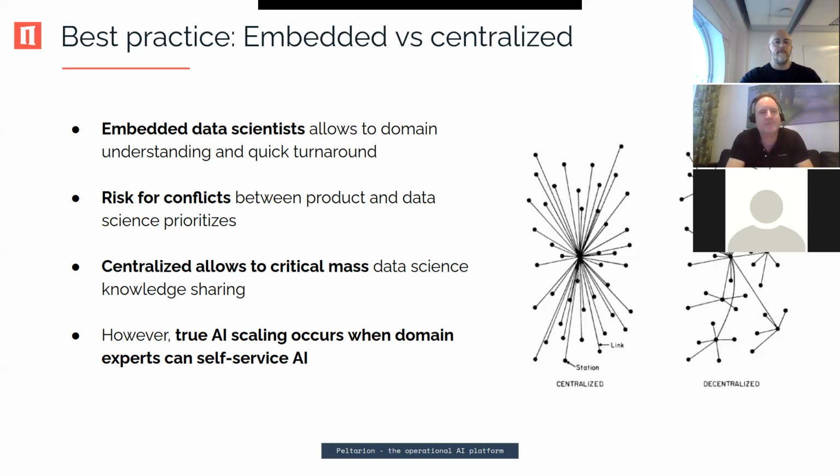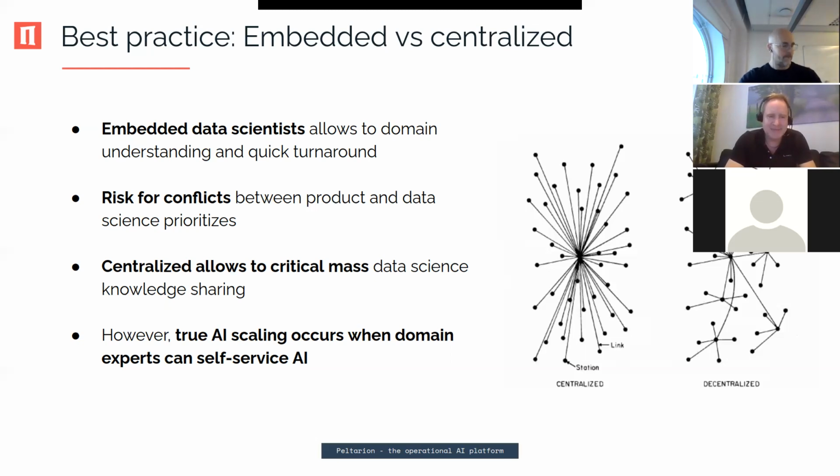Then you can start to spread out and build up a hybrid organization, which we did at Spotify, where you have both embedded people but also centralized people, and the centralized take more of a long-term research focus, and the others have a more product-oriented focus.